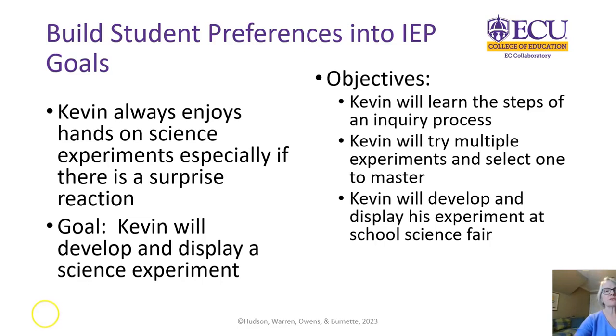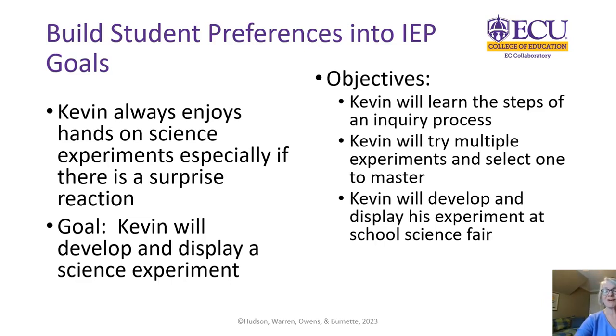For example, here is Kevin, who always enjoys hands-on science experiments, especially if there's a surprise reaction. Now, the goal that his teacher writes for him is that Kevin will develop and display a science experiment. And his objectives can use his love of science to help him reach that goal. For example, his teacher wrote that Kevin will learn the steps of the inquiry process.